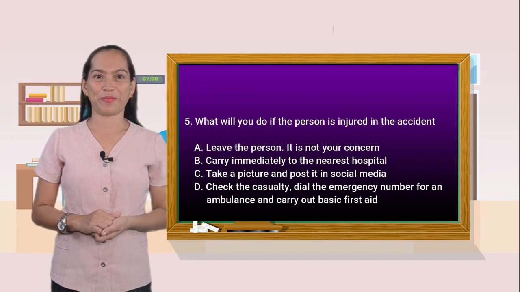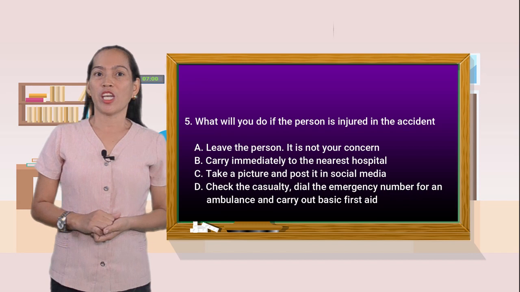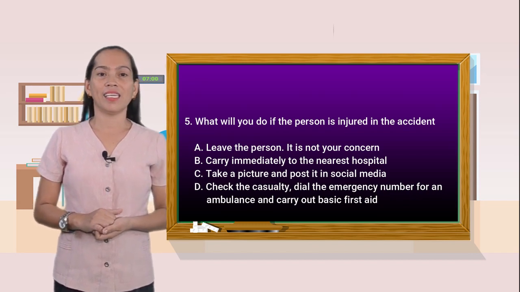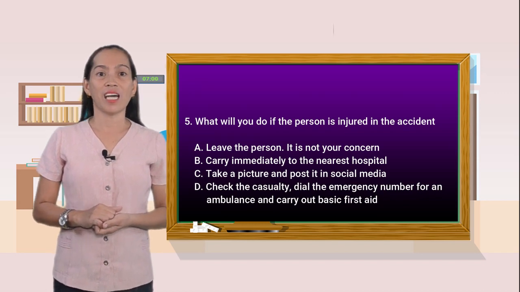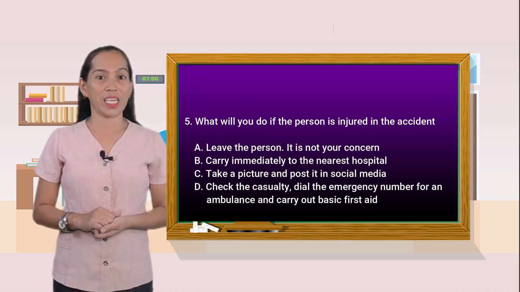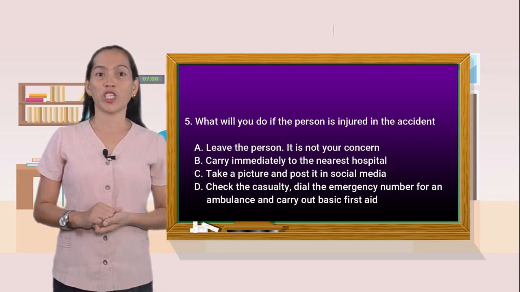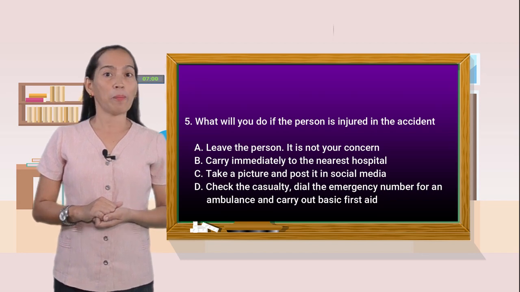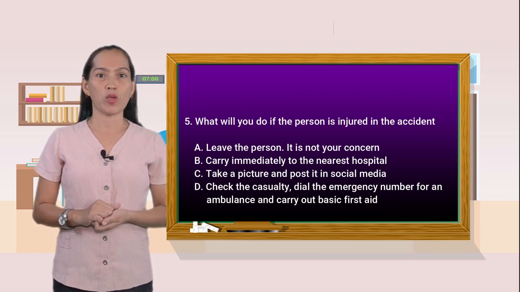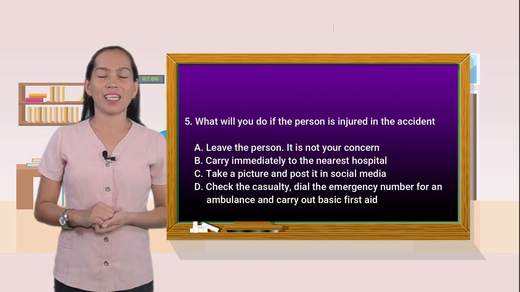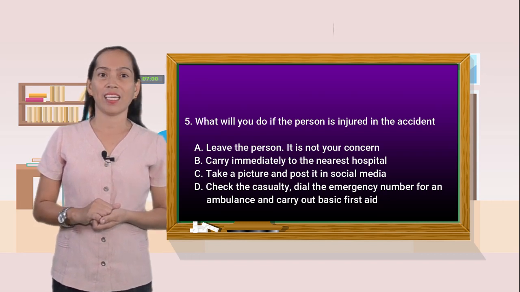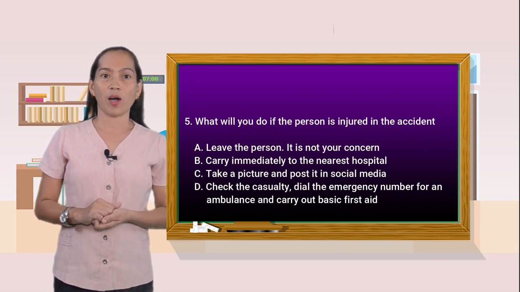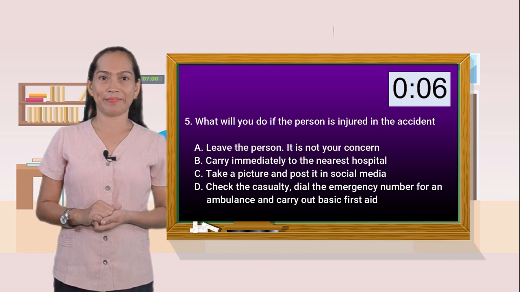Question number 5. What will you do if the person is injured in the accident? A. Leave the person. It is not your concern. B. Carry immediately to the nearest hospital. C. Take a picture and post it on social media. D. Check the casualty, dial the emergency number for an ambulance, and carry out basic first aid.